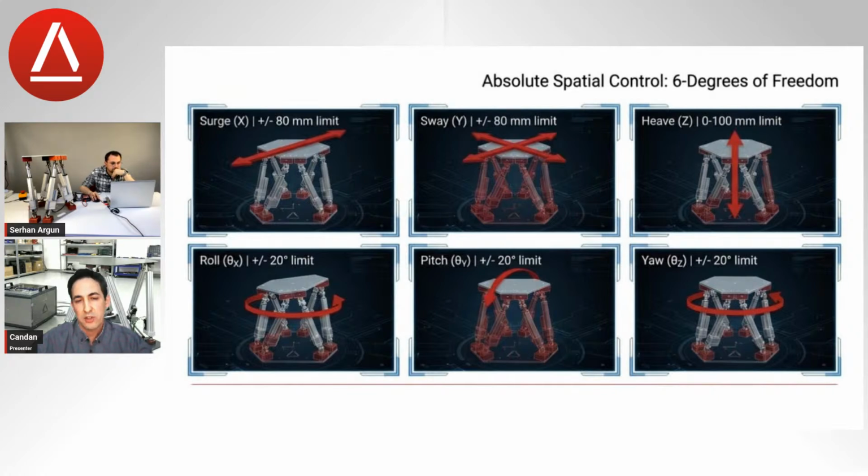So in general, Stewart platforms have 6 degrees of freedom, but there are some special cases where additional axes of freedom can be implemented on top of the plate or to the bottom of the plate. But in most circumstances, and for the demos of today, we have these 6 main motions or movements.